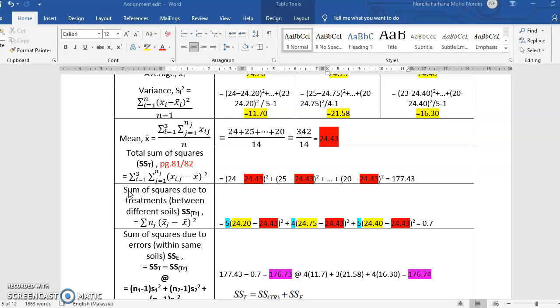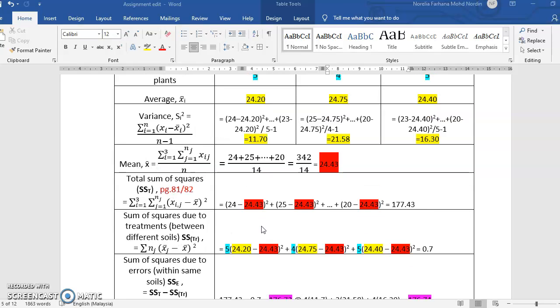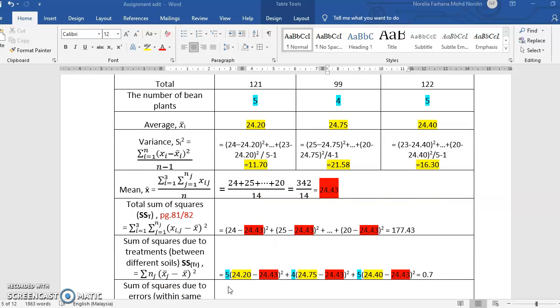Next step, calculate the sum of squares due to treatments, between different soils or different groups, denoted as SS treatment. This is the formula. N is the number of samples in the group.